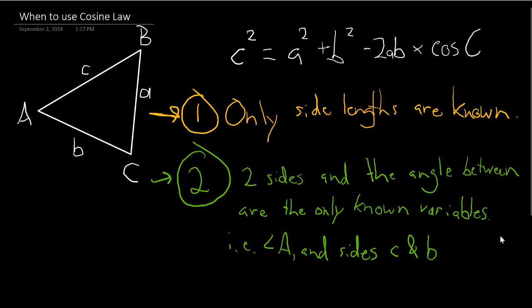So here, as an illustration of that, I'm going to underline the variables. So angle A, sides C and B. As you can see, they're underlined in green to better illustrate. Say you knew C, A, and B, then you would use cosine law to figure out the other side length, and then you can use sine law from there.